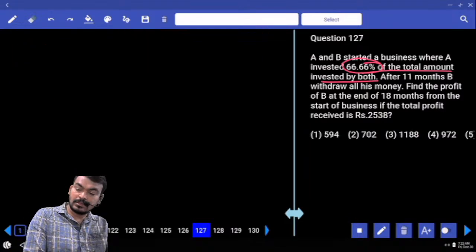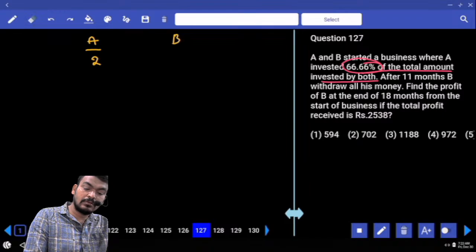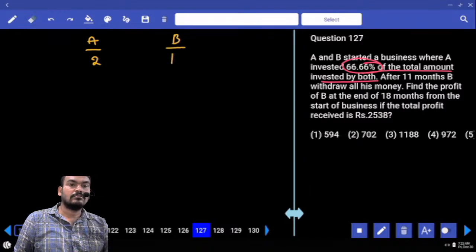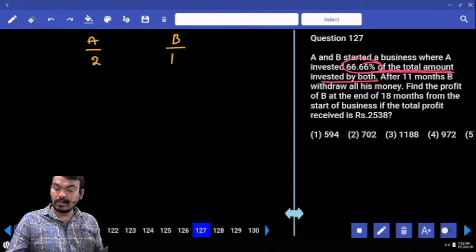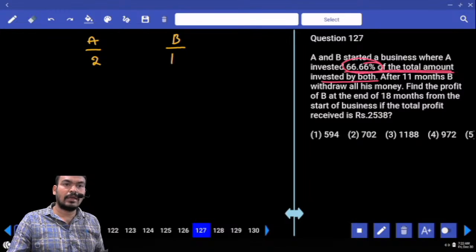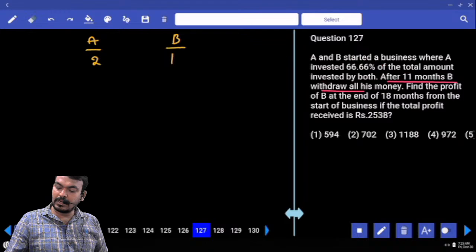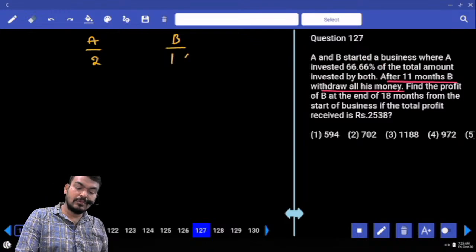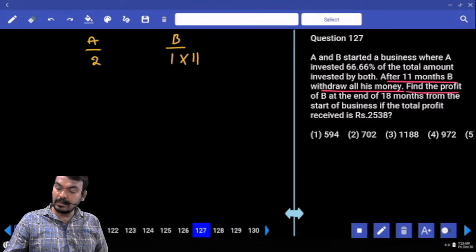Out of 3 parts, A invested 2 parts and B invested 1 part. Next, after 11 months, B withdrew all his money, which means B invested for 11 months. Next, find the profit of B at the end of 18 months from the start of the business.